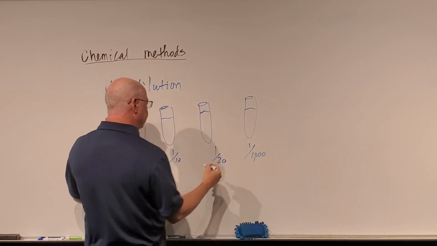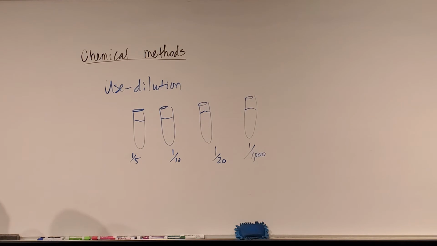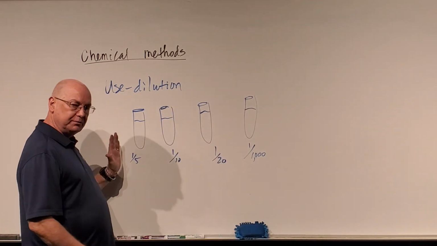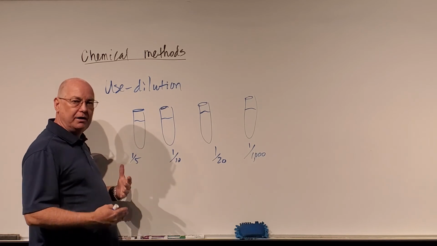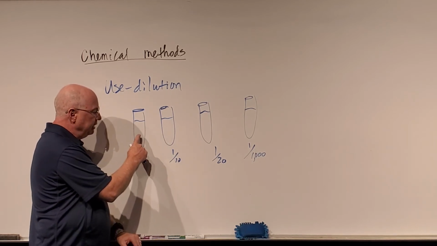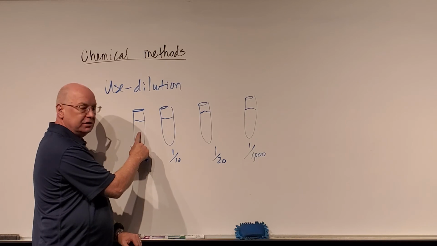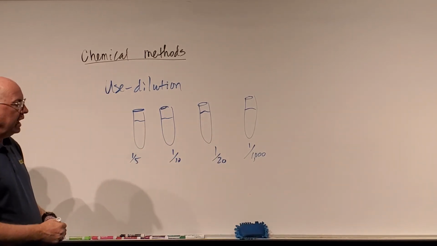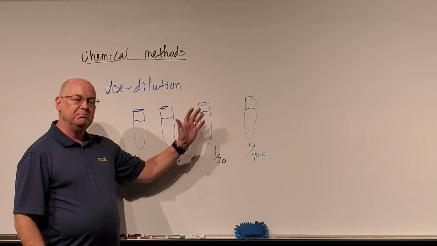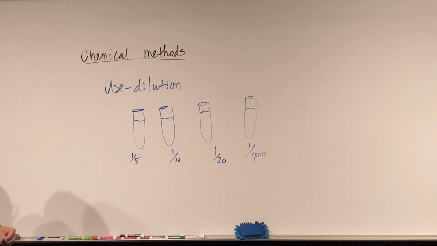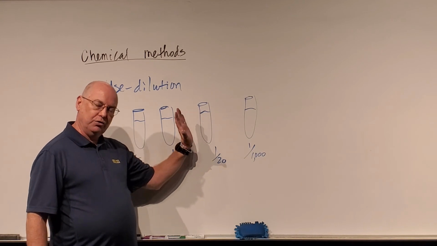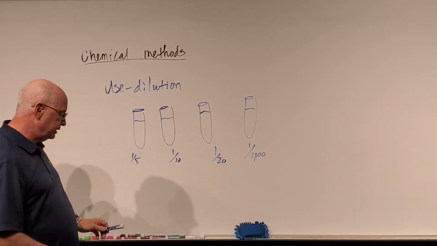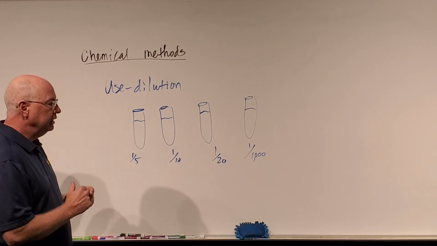We can use several levels of dilution, and essentially what I do is I inoculate every one of these, and this is one substance, maybe one antibiotic or one chemical, one germicide, and I say at a 1 to 5 dilution, is it effective? At a 1 to 10, at a 1 to 20, a 1 to 100, 1 to 1,000. And I look at which dilution rate best kills the microbes. And then that's what I want to use when I bottle or sell this product, or use it as an antiseptic or germicidal agent.